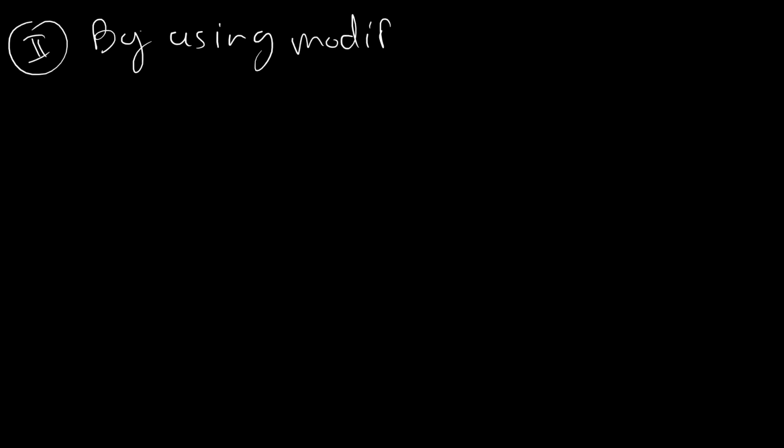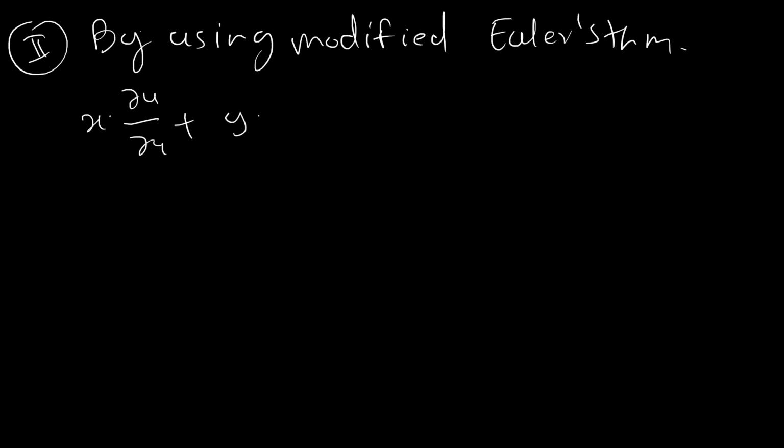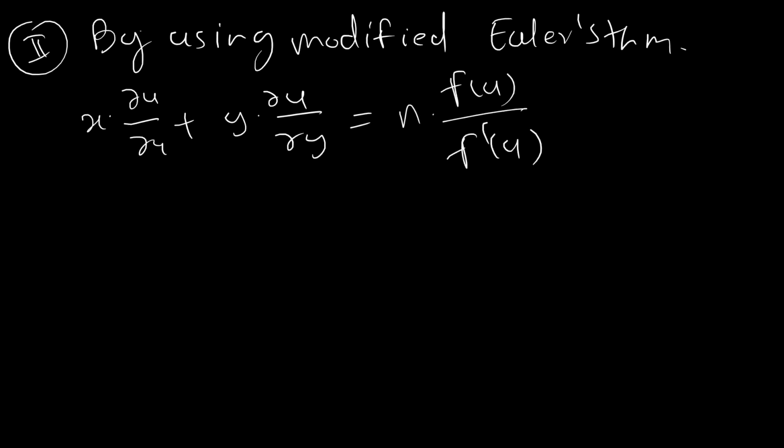And for the second part of the answer, by using modified Euler's theorem, we have x times ∂u/∂x plus y times ∂u/∂y equals n into f of u upon f dash of u.